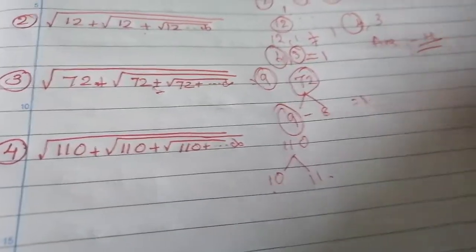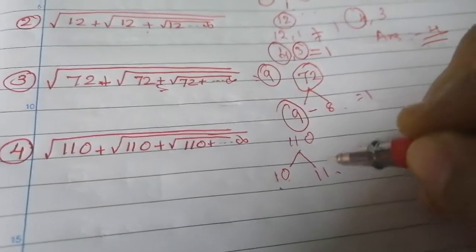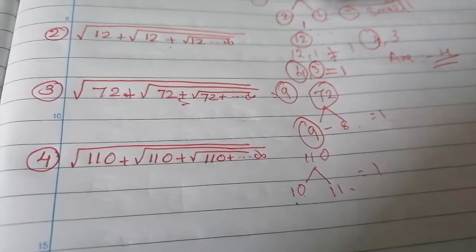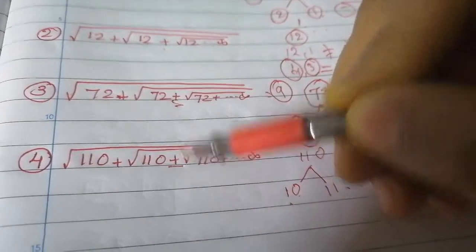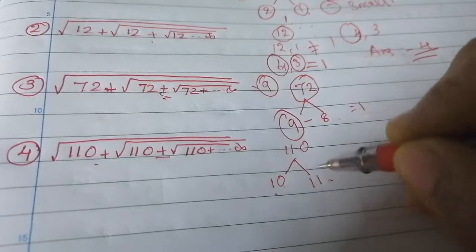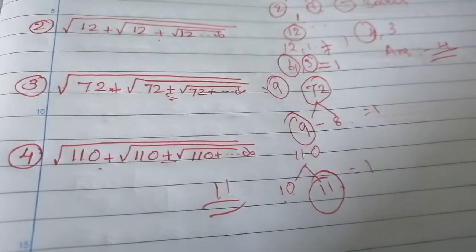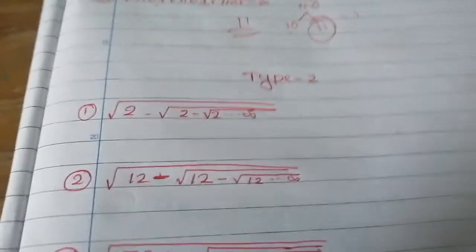The difference is also 1. Then you take the third step: you check whether it is addition or subtraction. Here it is definitely addition, so you take the bigger number. So the answer becomes 11. Clear?